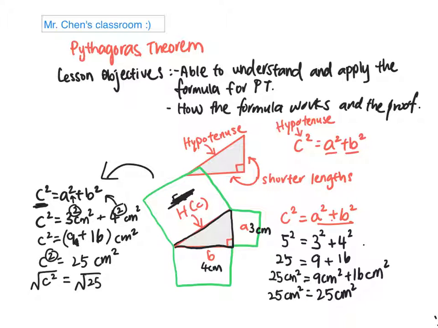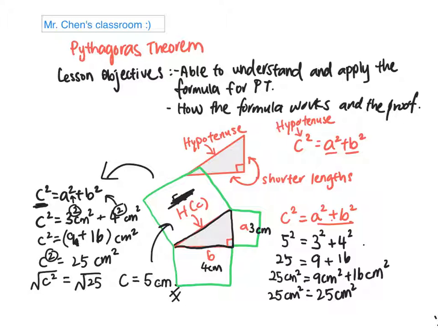So when you square root them, c squared will become c, and the square root of 25 is going to be 5. Okay, so 5 centimeters. That is what the hypotenuse is going to be. There you go, look at that. That's how you solve that.